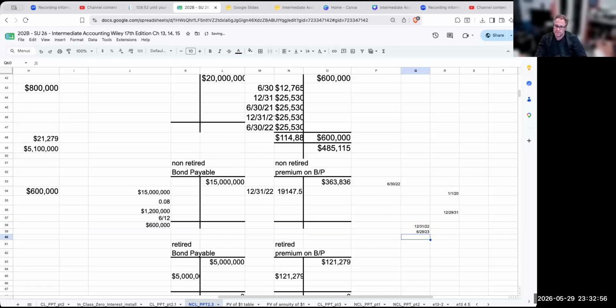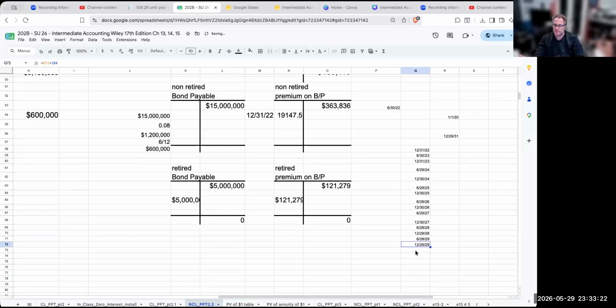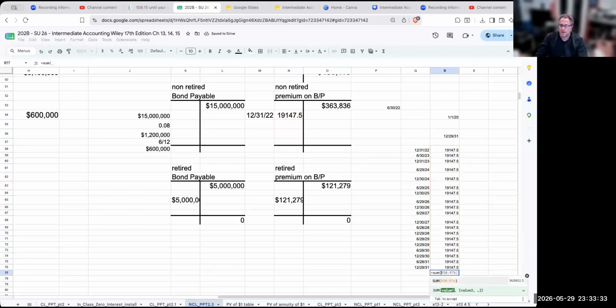So on 12/31/22, if I went through and did this, just to prove to myself that this can work, and every single time I was using 19,147.50 and I add these up, I'm getting pretty close to this number right here.